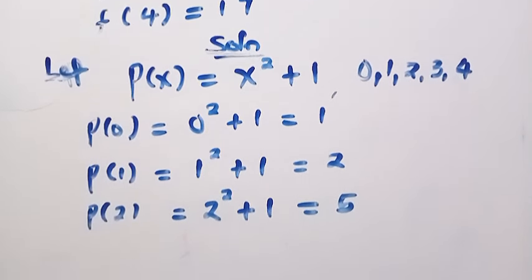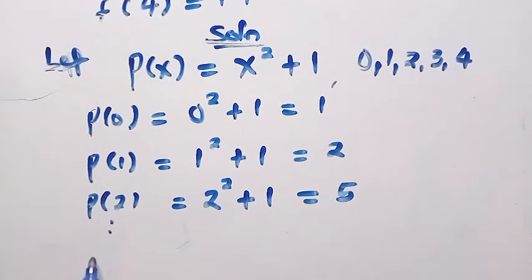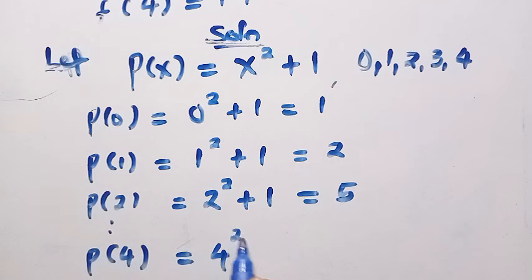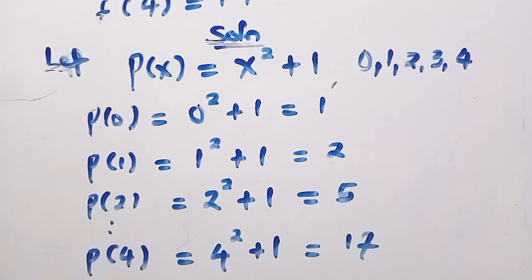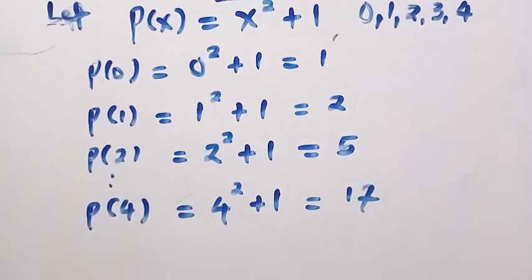This is how this continues till we get to p of 4, where we have 4 squared plus 1, and this gives us 17. But because the question says degree 5, we are not going to use p of 5. If we test for p of 5, we get the wrong answer, just 26. Then we need to have a general formula for this.